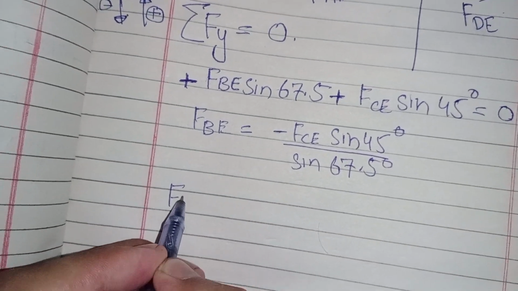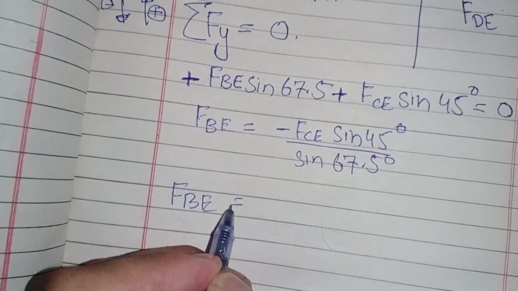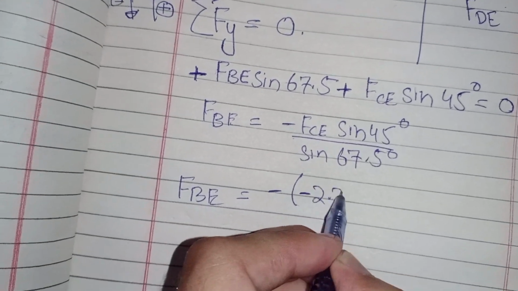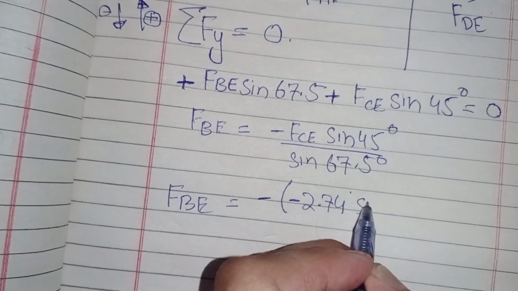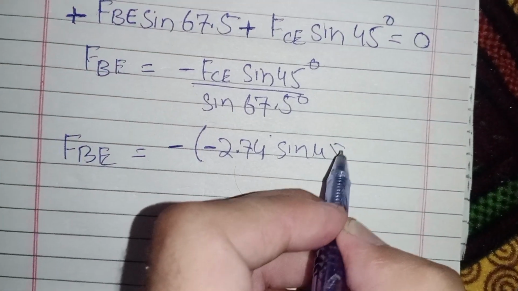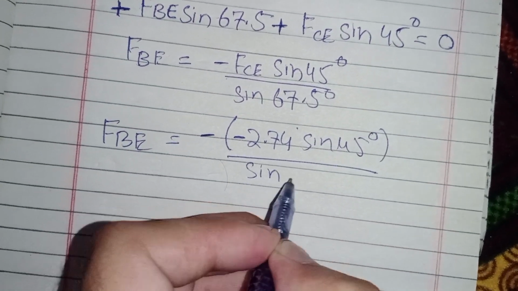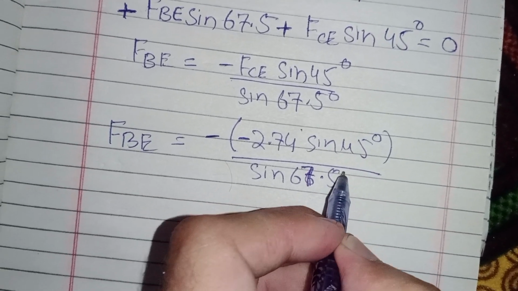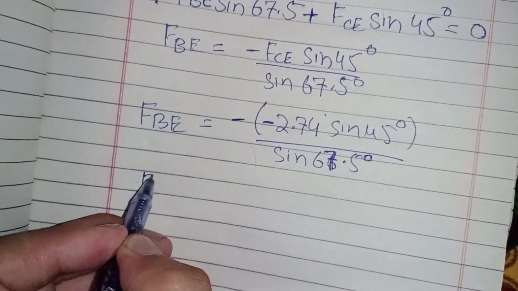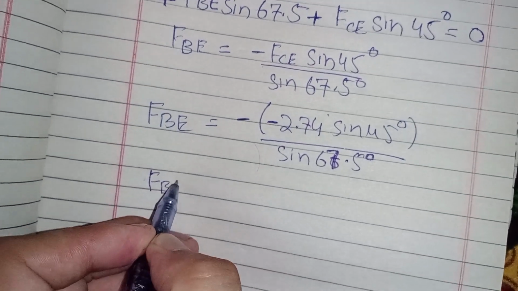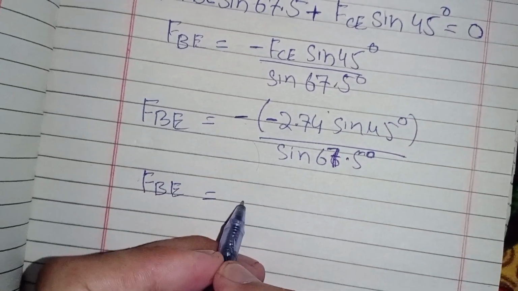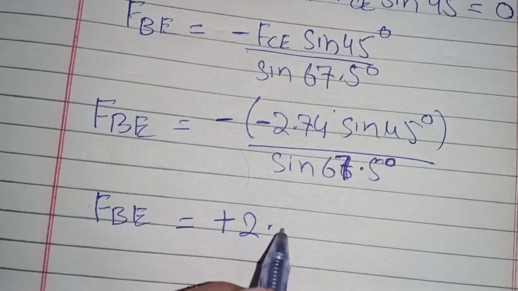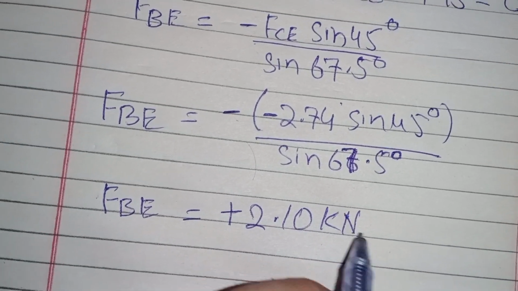Now F_BE equal to negative into negative 2.74 sin 45 degree divided by sin 67.5 degree. Okay, so F_BE value will equal to plus 2.10 kilonewton.